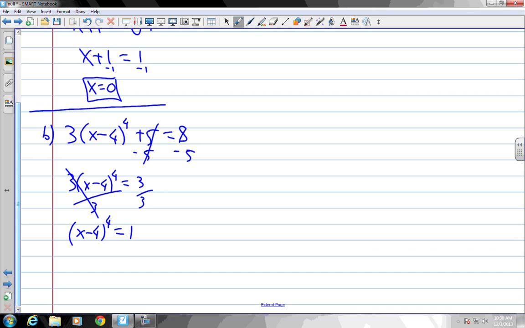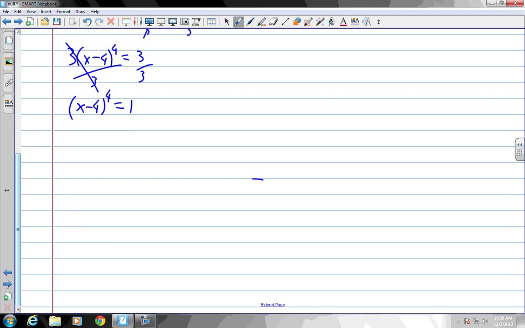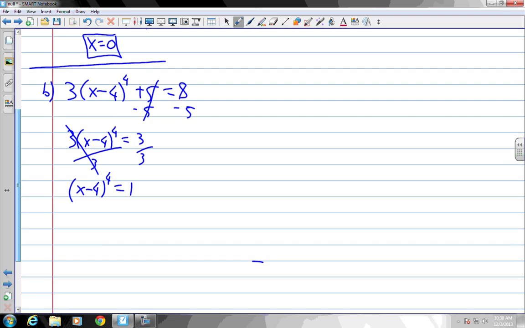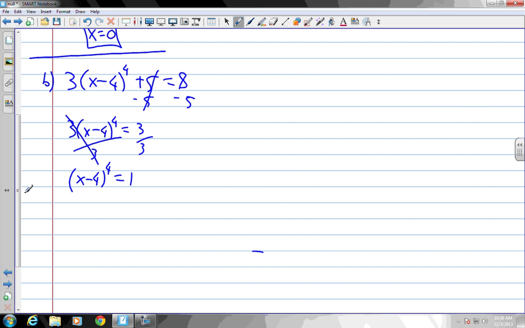So just like with extracting the square roots, we would have to do that to isolate the power term. Well, now I have to get rid of the power 4.